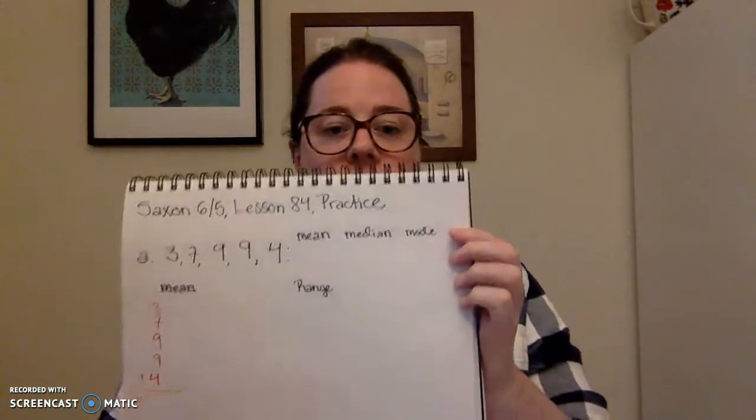So let's practice. In our practice set for A, we're given the data set 3, 7, 9, 9, and 4. To find the mean, we need to add that up. All right, we would just want to add, okay?